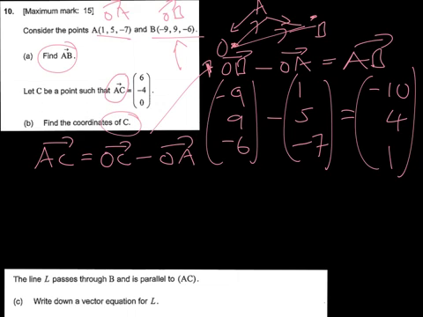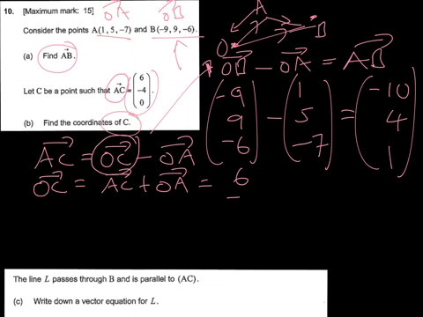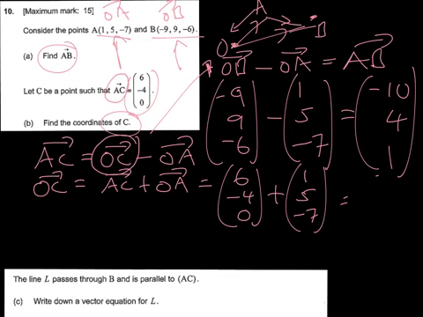We're trying to find the point C, so we want the position vector OC, which is going to equal vector AC plus vector OA. Vector AC is 6, negative 4, 0, and vector OA we can interpret from up here, that's 1, 5, negative 7. If we add that together, we get 7, 1, and negative 7. So the coordinates of C are 7, 1, negative 7.